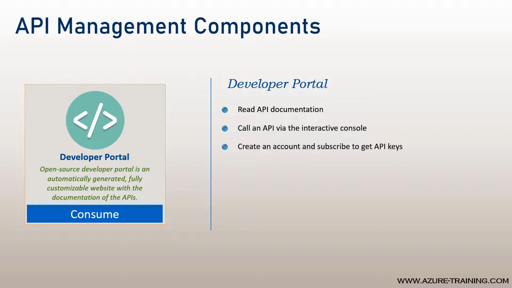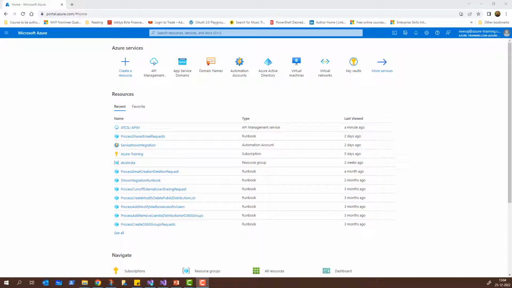You can create an account and subscribe to get the API keys for the API usage. You can access the analytics of your own usage, and also you can download the API definitions and manage the API keys as well.